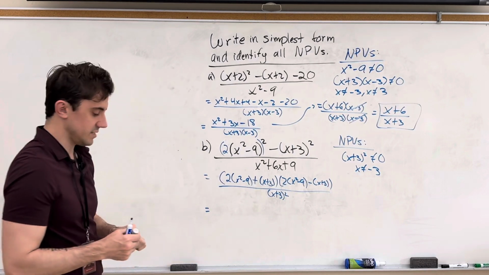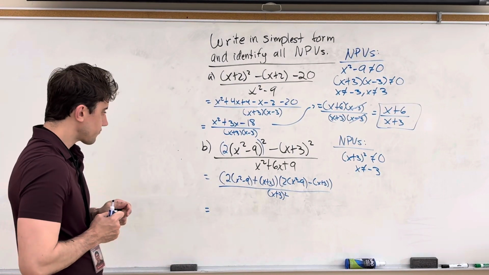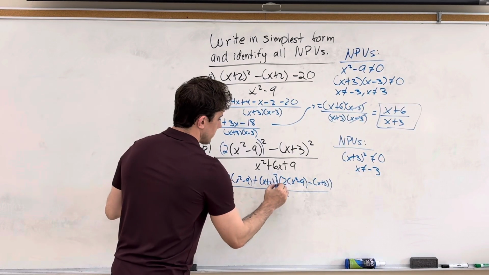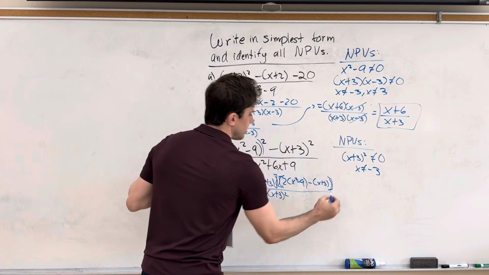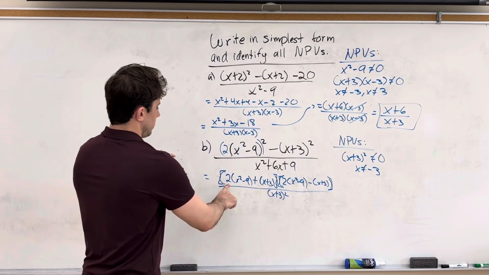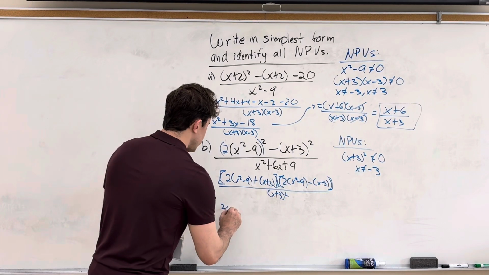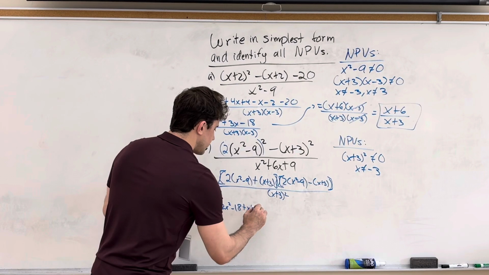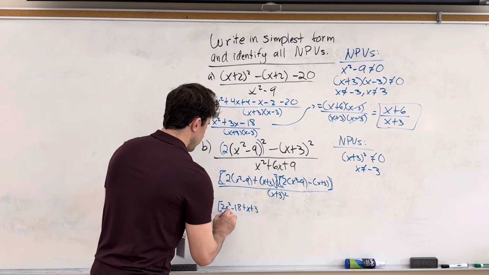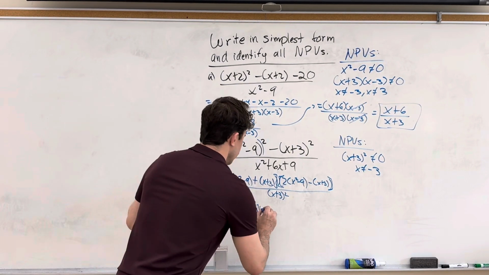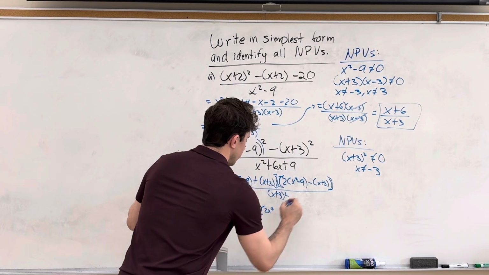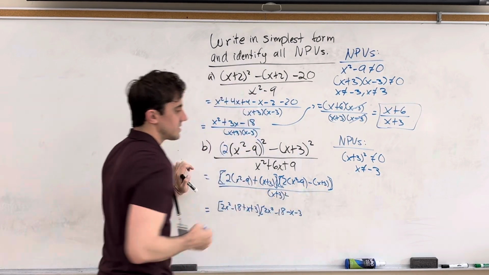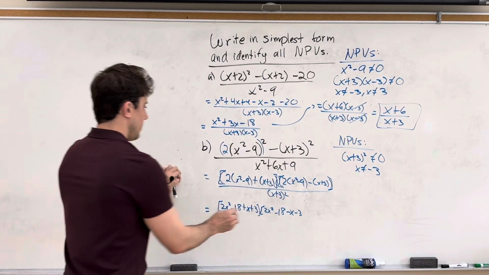Now, let's expand and simplify our numerator. So in this first big bracket, I'll make those squares so that it's easy to follow. 2 multiplies through, so we get 2x squared minus 18 plus x plus 3 times 2x squared minus 18 minus x minus 3, again subtracting that entire bracket.